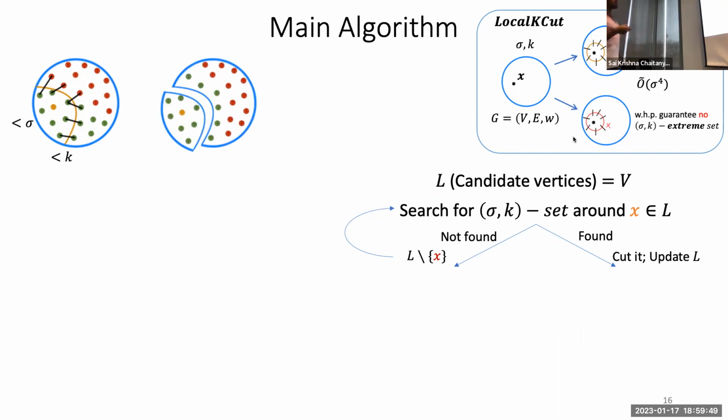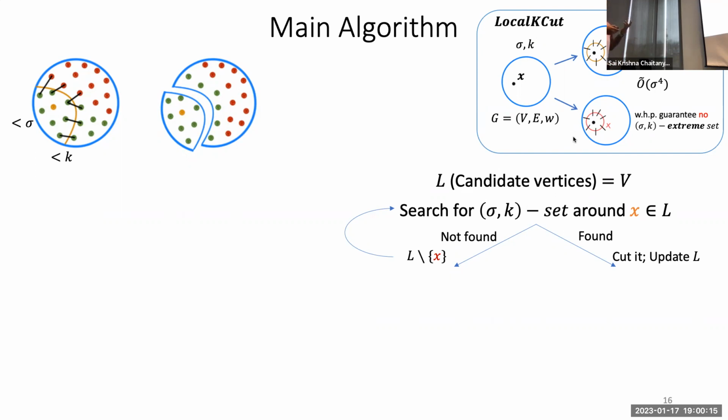Note that we had completed searching on these three red boundary vertices, but I still added them to the candidate vertices. True, before there were no sigma K sets around them, but now I have removed these edges from being incident on them. So in this new residual graph, sigma K sets might pop up because I have removed some edges.